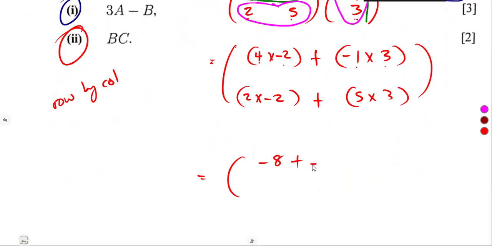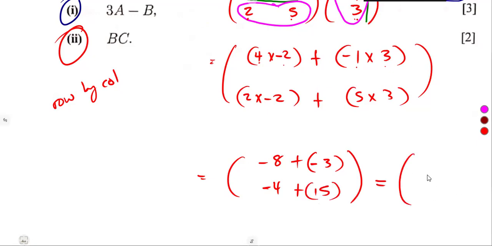Remember, you are still combining there. That was going to be negative 3. Negative 4 plus 15. Okay, so let's combine this and have our 2 by 1 matrix. So remember, a negative and a positive here will give us a negative at the end.